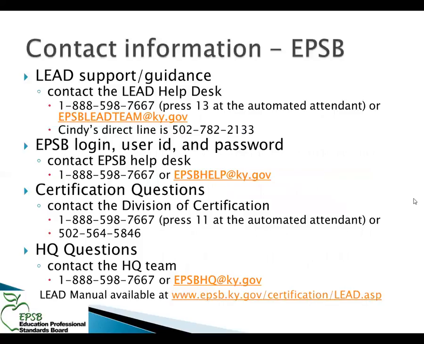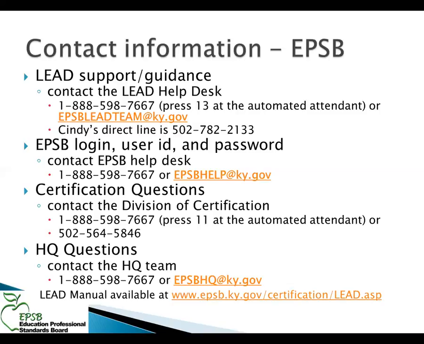All right, I think that about does us. Here's the contact information. My direct line is here on this slide. The slide that you received from me this morning had an incorrect number for the certification division. The direct line for the certification division help call group is 502-564-5846. I apparently typed it in wrong Saturday when I was putting it on there.